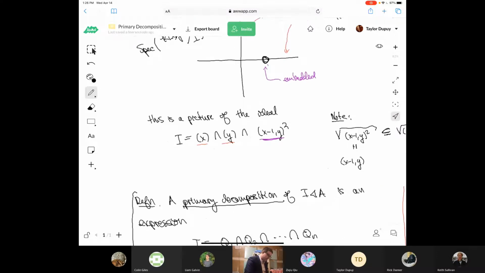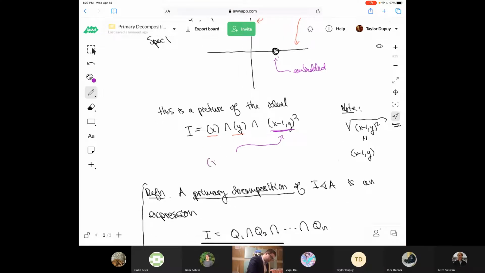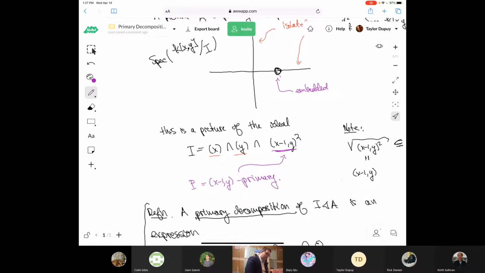In this purple case, this is x minus 1 times y, and this thing here is P primary.